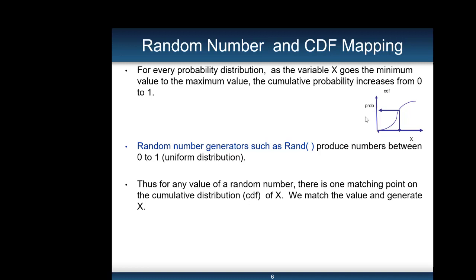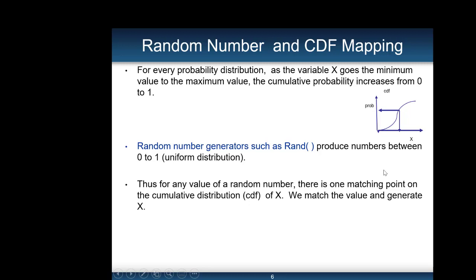The random number generator here, RAND with empty parentheses, also produces a number randomly from 0 to 1. So it seems like a very good match as far as the range is concerned. What we want to do is simulate the original x values. So once we have a random number, we will go to the cumulative probability distribution function and match back to the original x we can simulate.